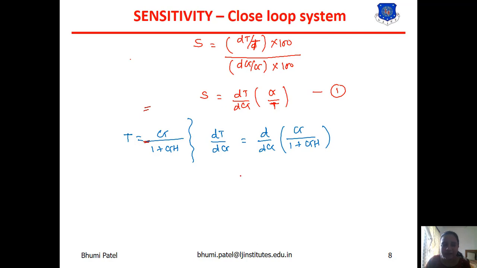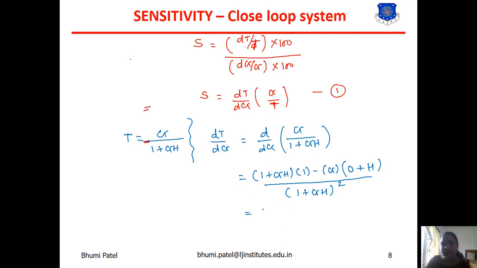Now differentiate this: denominator as it is, means 1 plus GH, and differentiate the numerator, which is 1, minus numerator as it is, and differentiate the denominator term: the differentiation of 1 is 0, plus differentiation of GH is 1 into H, means 0 plus H, upon 1 plus GH whole square. This is the formula for the differentiation.